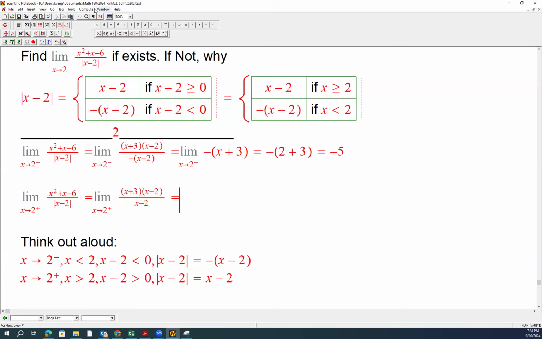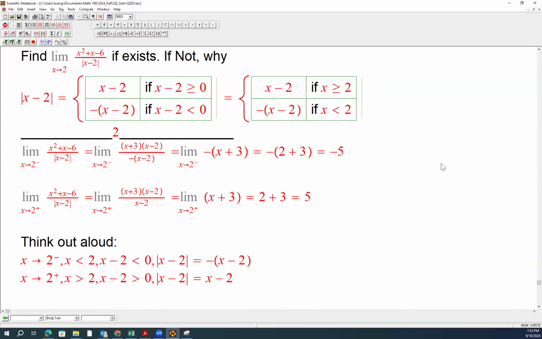For the reduction, okay, the right hand side, the next step is just x plus 3, right? And by direct substitution, 2 plus 3 equals positive 5.